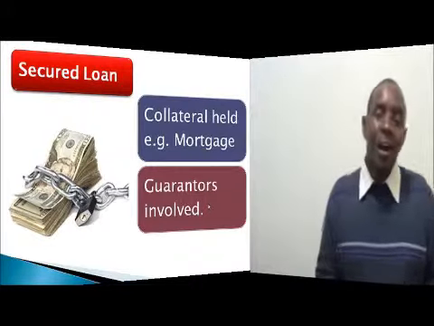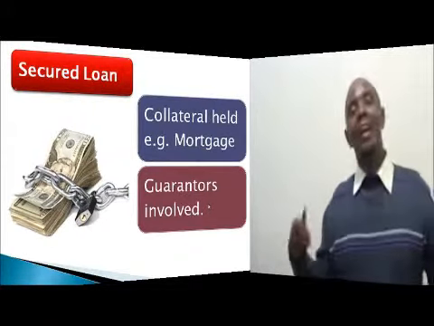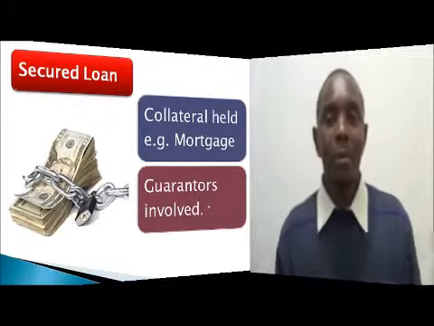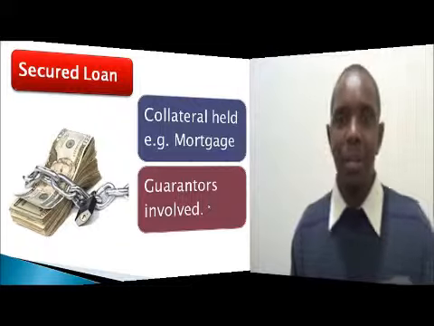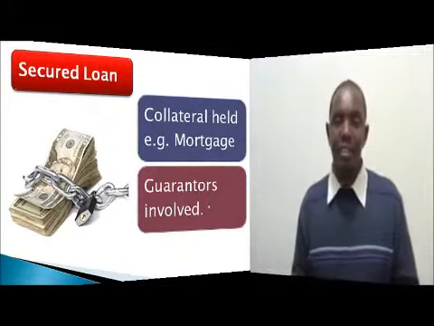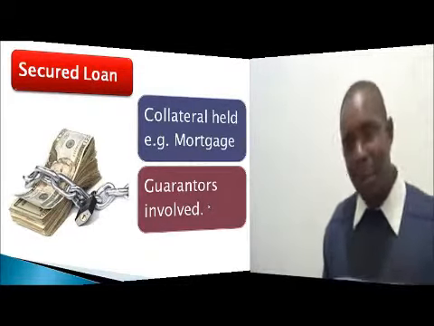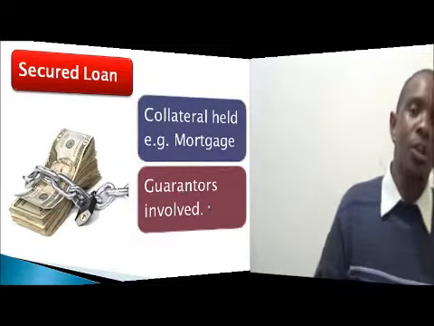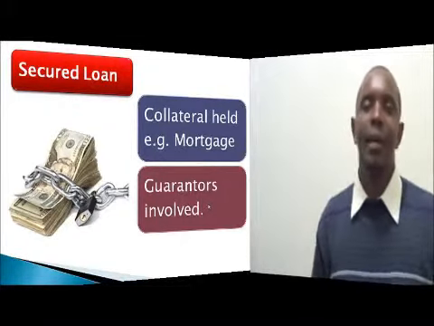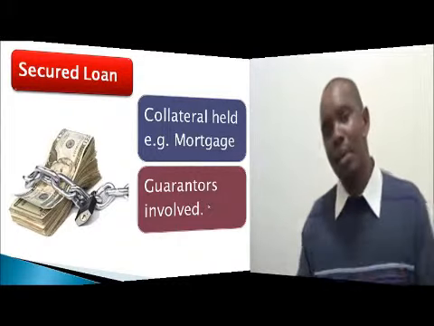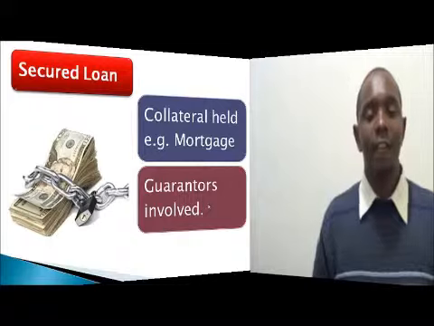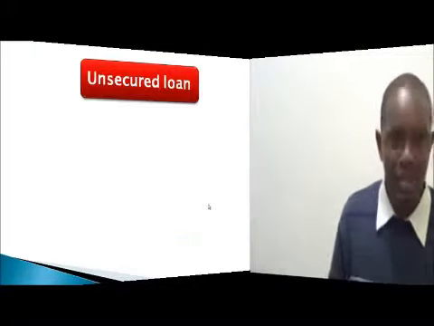There may also be guarantors, people you've been called upon to provide, who can step in to make your repayments in case you find yourself in difficulty making the repayments as required. So secured loans are backed by a security. There's something that can be repossessed and sold by the financier to recover the outstanding loan amount.